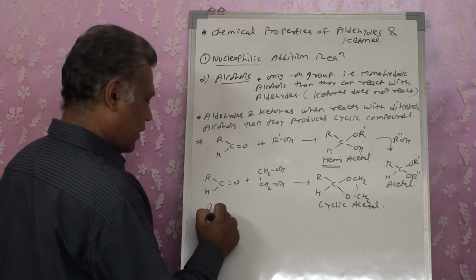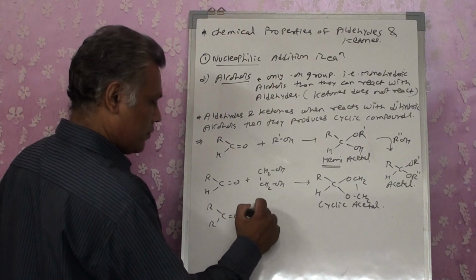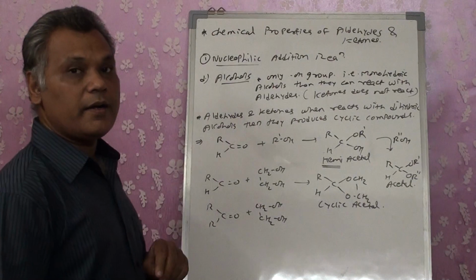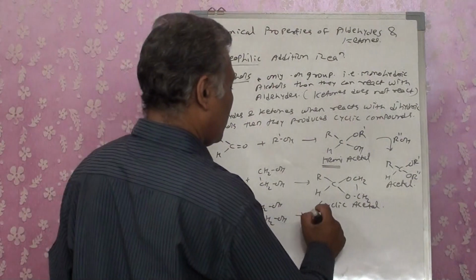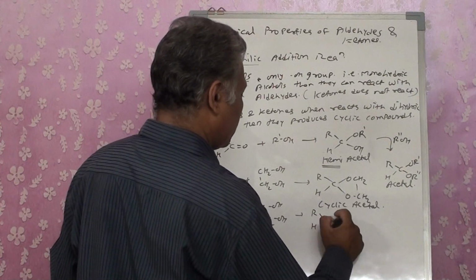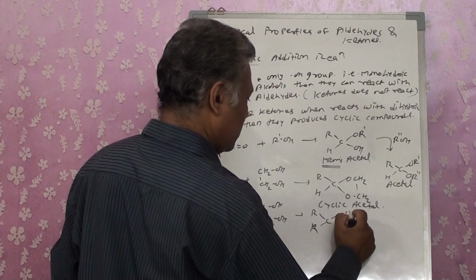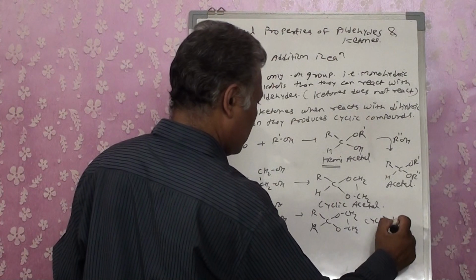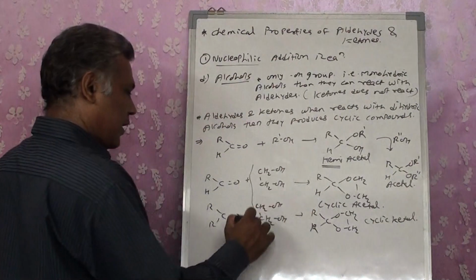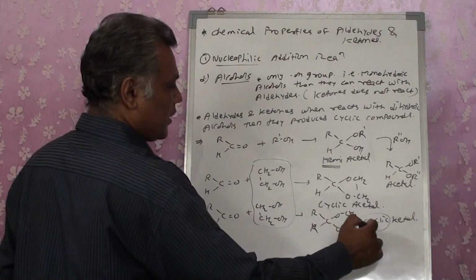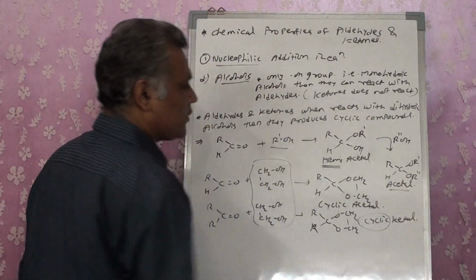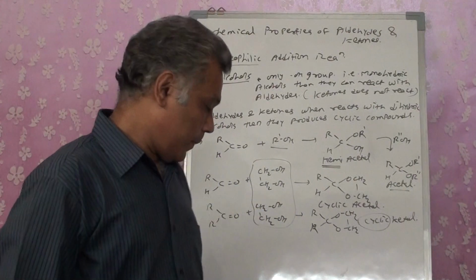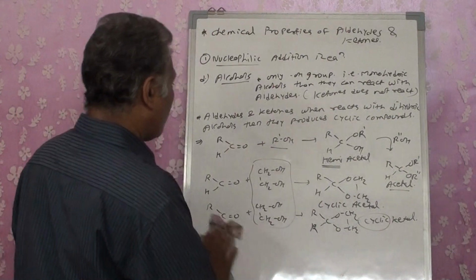Now in place of that, if you have a ketone, the ketone can react because it's a dihydric alcohol, and it will produce a similar type of cyclic ketals. So dihydric alcohols produce cyclic compounds, while monohydric alcohols produce simply acetals. They can't produce ketals. Okay, this was your fourth reaction.